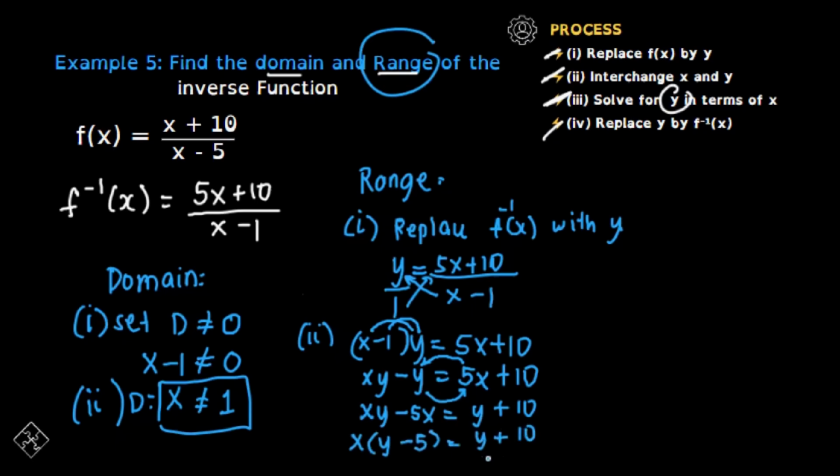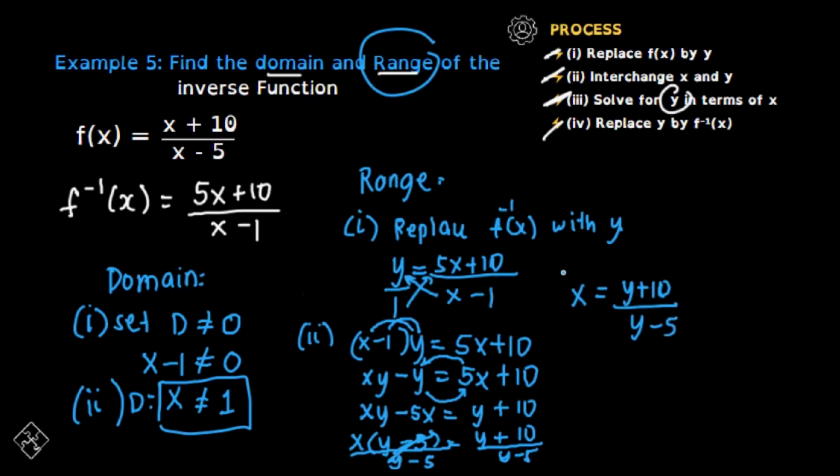So, divide both sides by y minus 5. Okay? Y minus 5. Para ma-eliminate natin dito si y minus 5 at maiwan si x. Okay? So, in this case, we have x equals y plus 10 all over y minus 5. Then, we have the value of x.